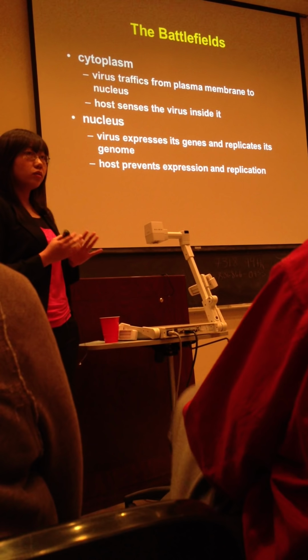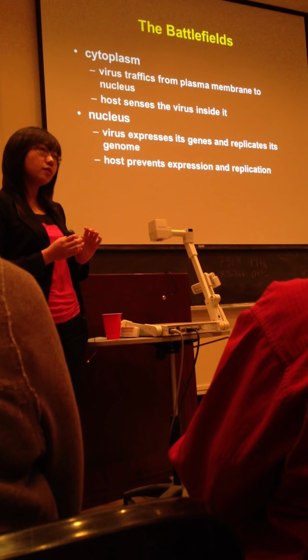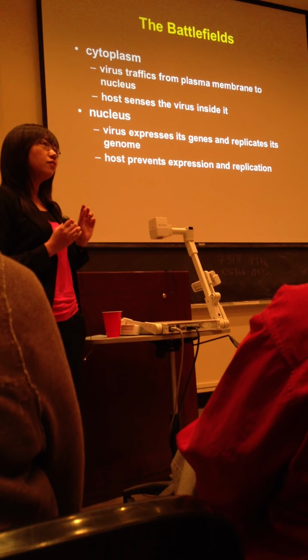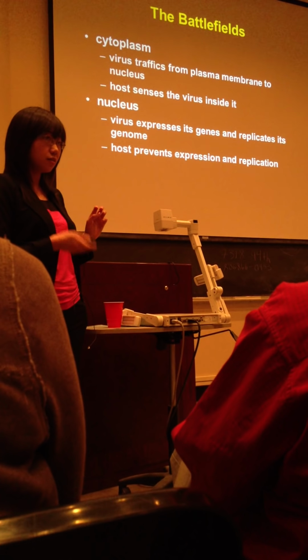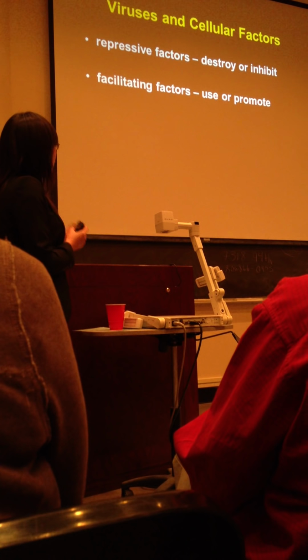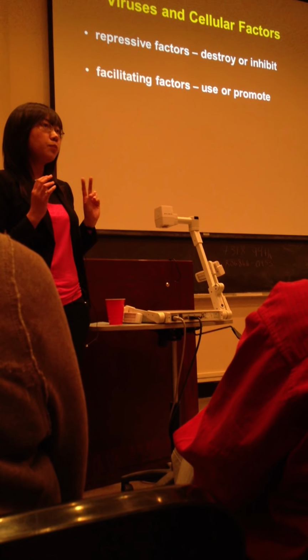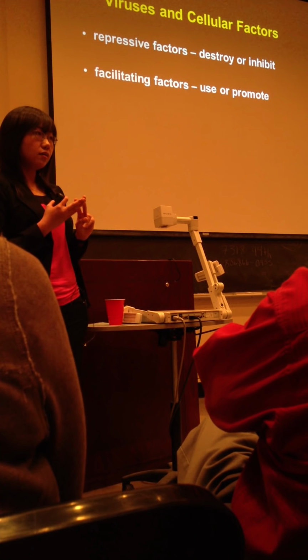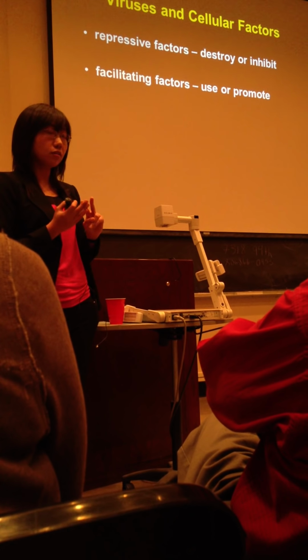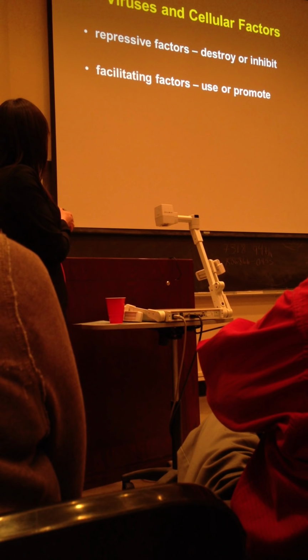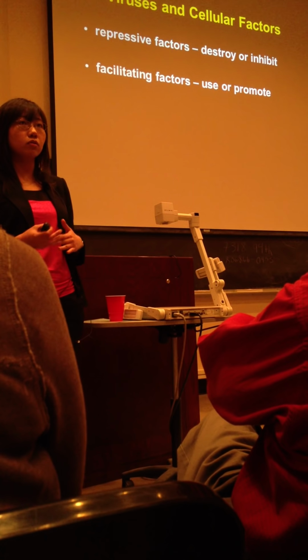Today, the stories I'll be telling you mostly focus on the interplay between the virus and host nuclear components. If you look at the components present in the host nucleus, you can imagine there can be two types of factors that might affect the outcome of infection. The first, I like to call repressive factors, meaning they might have antiviral functions.